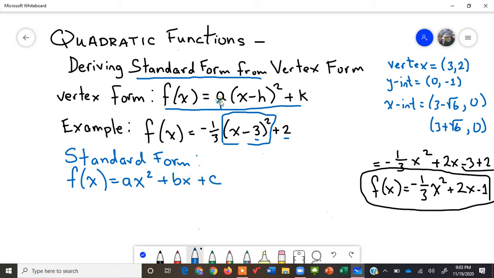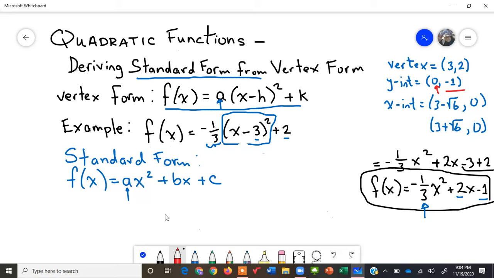Notice that the a in the vertex form, in this case negative 1/3, is the same thing as the a in the standard form, right? Because that's still negative 1/3. We see our b is 2 and our c is negative 1. Recall, our y-intercept was negative 1, and that's what happens when x is 0.